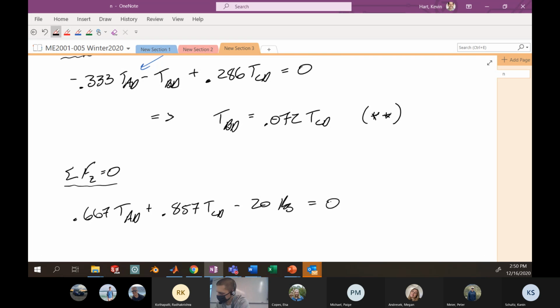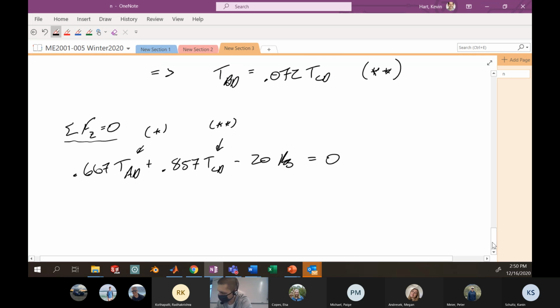All right. So I can use star here, and I can use double star here, if I'd like. And you can whittle this down with some substitution to TCD is equal to 15.6 pounds, which is one of our answers.